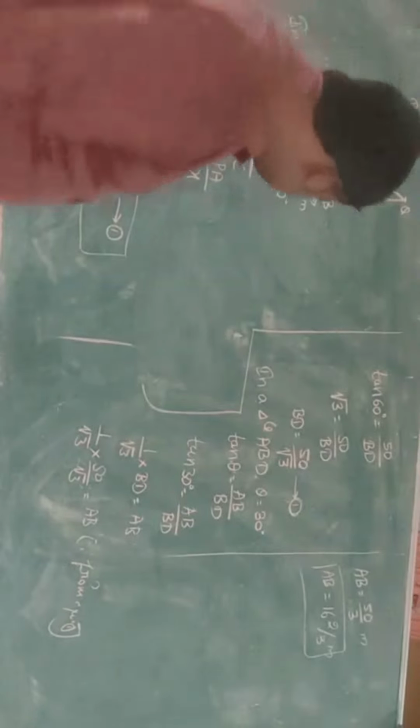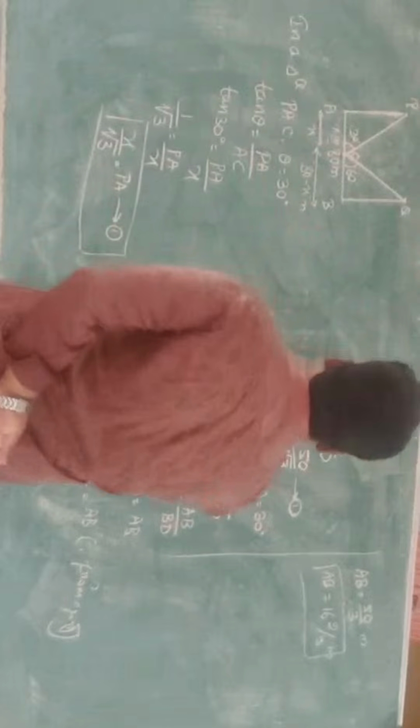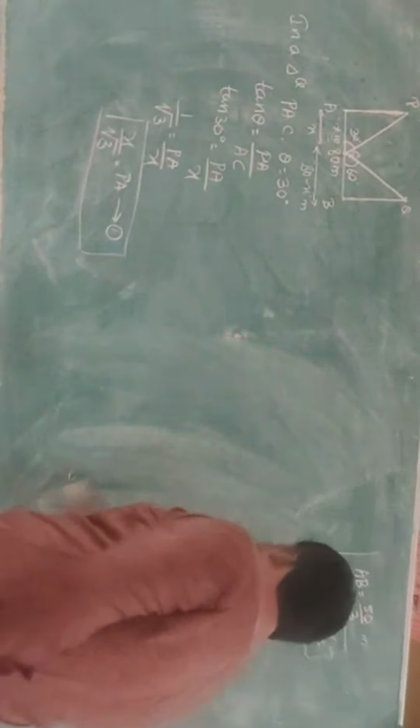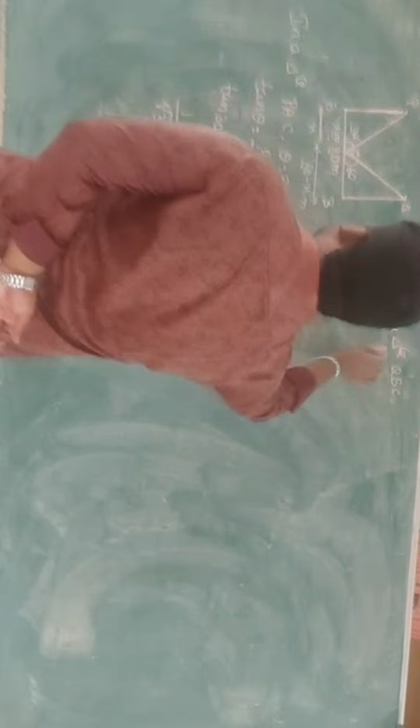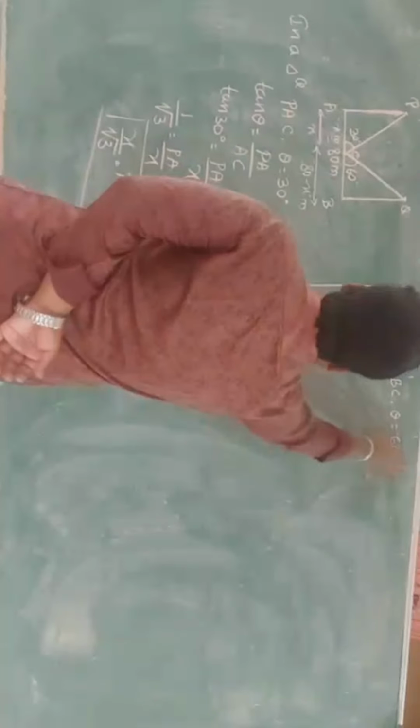So now, one more triangle we have. In triangle QBC, theta is equal to 60 degree. So tan theta is equal to QB upon BC.